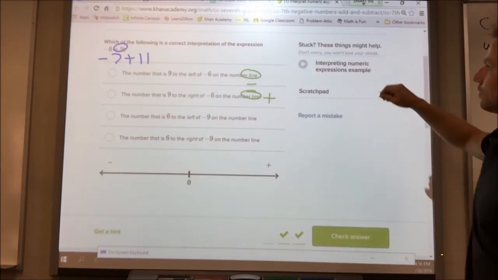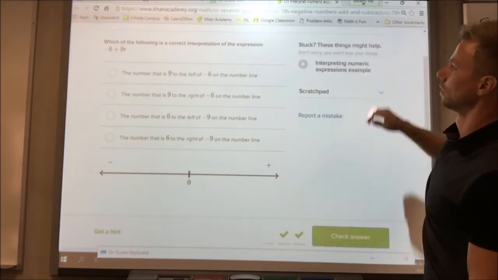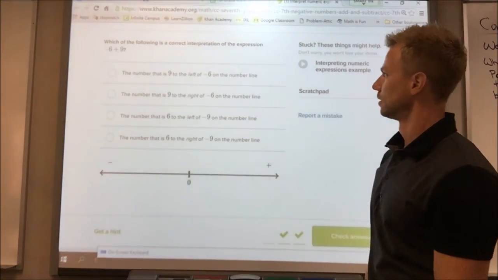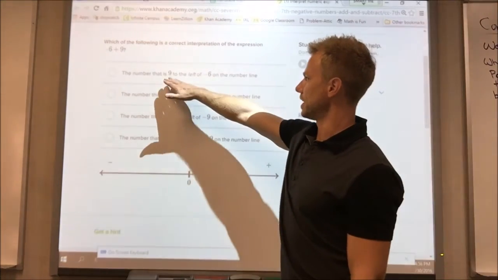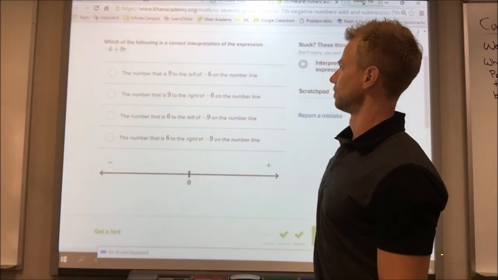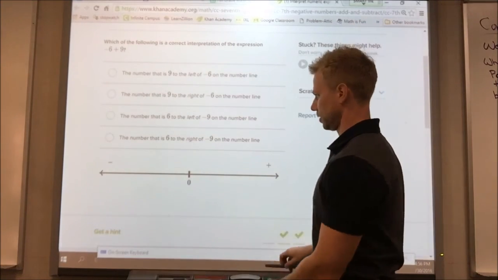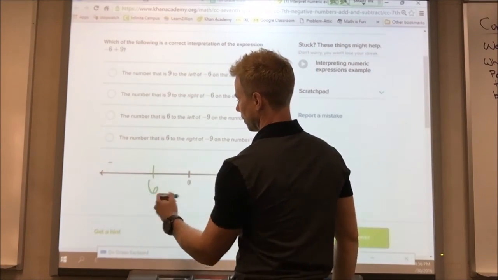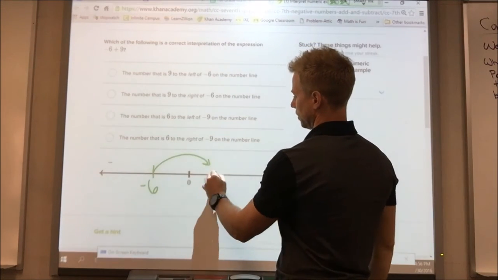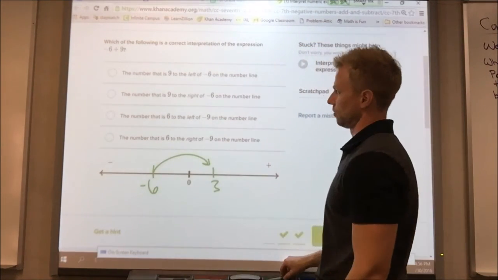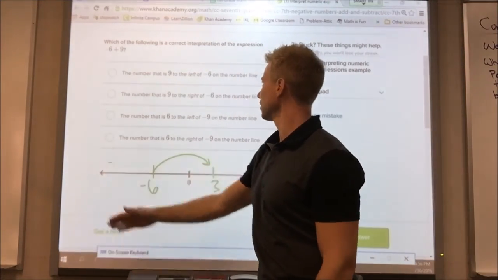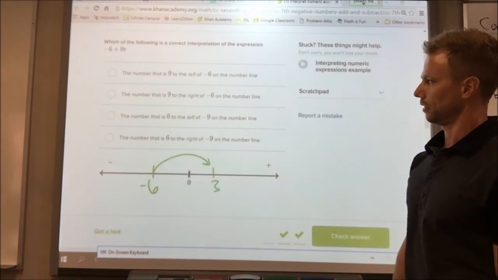Let's check out another one. Says we have -6 plus 9. Says the number that is 9 to the left of -6. Okay, if we're starting at -6, say it's here, we're adding 9, we're going to go to the right up to a +3. So the number that is 9 to the left of -6, that doesn't make sense.